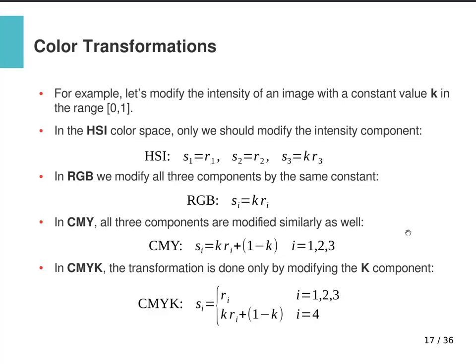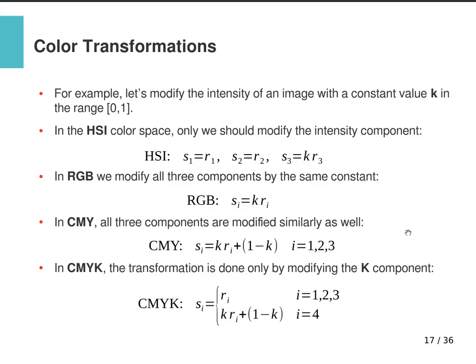For example, let's modify the intensity of an image with a constant value k in the range 0 to 1. Basically we want to scale the color components of an image and see what happens. In the HSI color space, we only need to modify the intensity component.